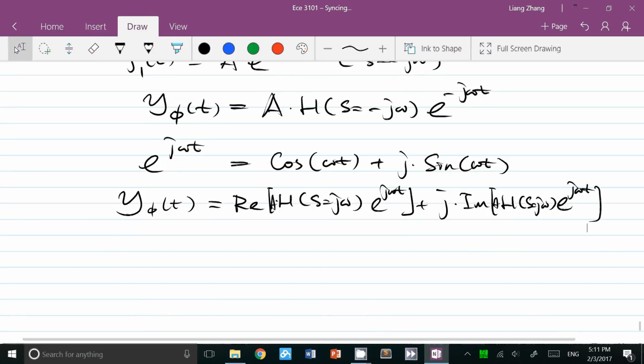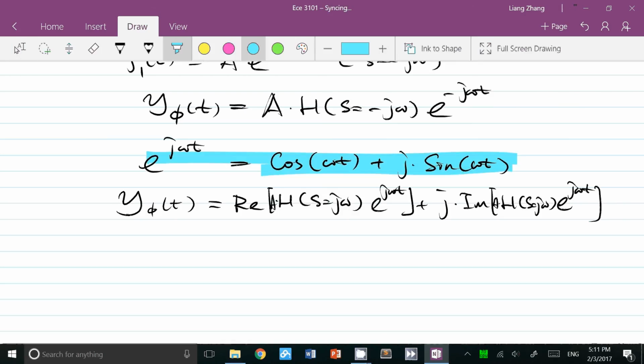Now, according to, again, linearity, you can view this as two inputs. One is the real part, cosine, the other is the imaginary part, sine. And one is 1 multiplied by cosine, the other is j, another constant, multiplied by sine. According to linearity, the real part of the input will lead to the real part of the output.